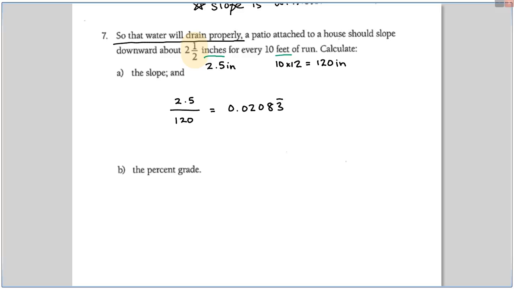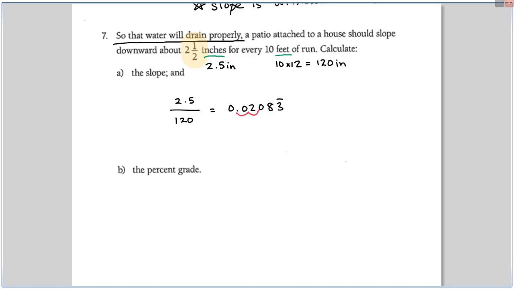So what percentage is this? Is it 20%? 2%? What is it? Remember, how many decimal moves for percent? 100 would be what? How many decimal moves? 1, 2.